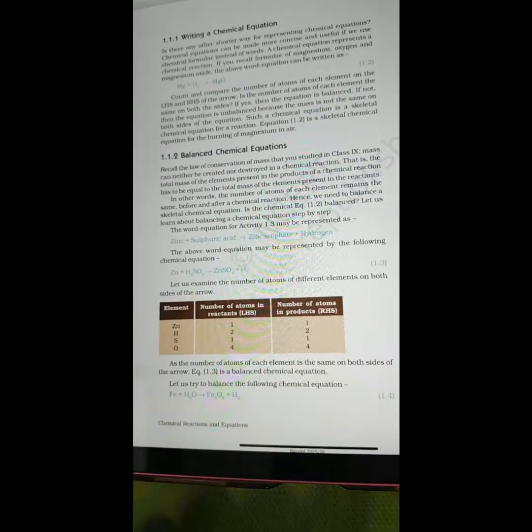The above word equation may be represented by the following chemical equation. Zn plus H2SO4 will give you ZnSO4 plus H2. Let us examine the number of atoms of different elements on both the sides of the arrow.